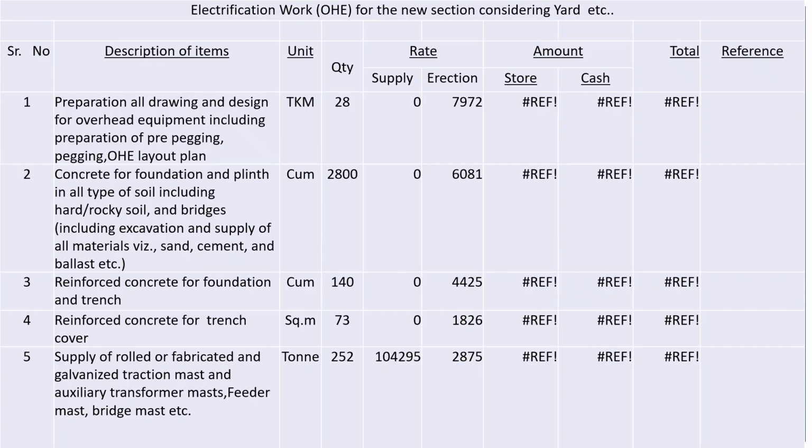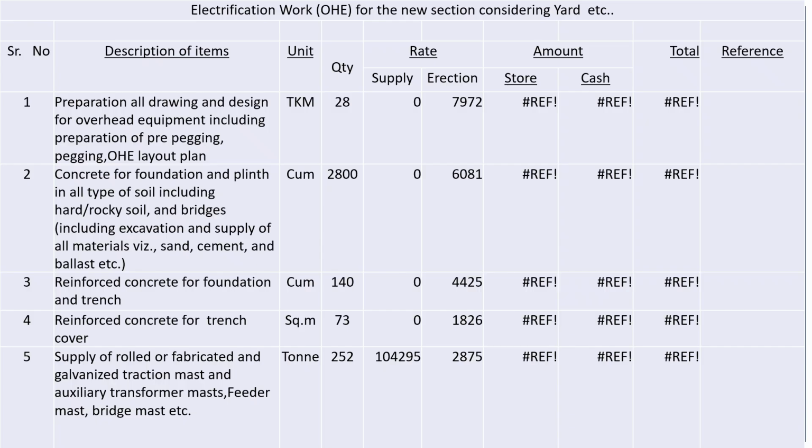Then your sectioning, I have told, sectioning mainly is going to be done in station limit. So if it is new electrification, mainly DFCCL is maintaining the sectioning system in the station limit.